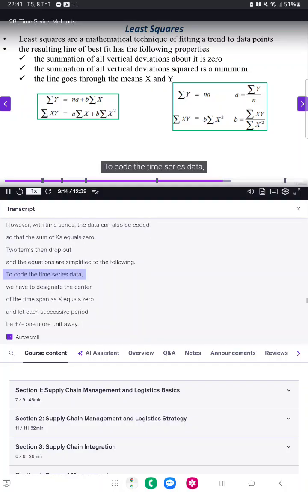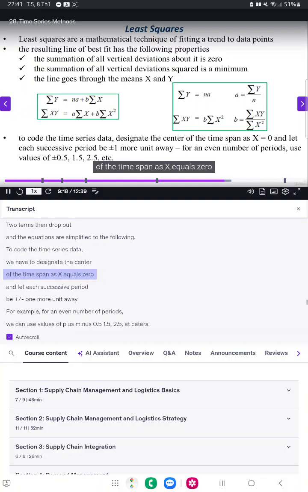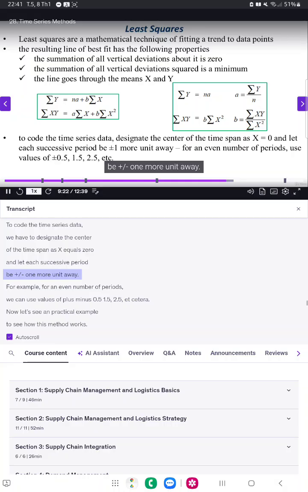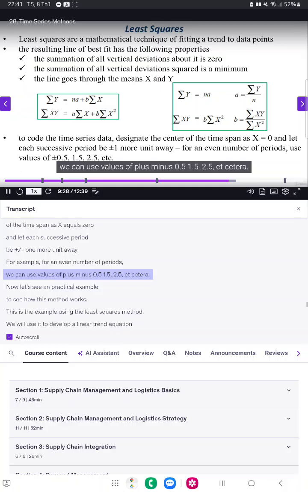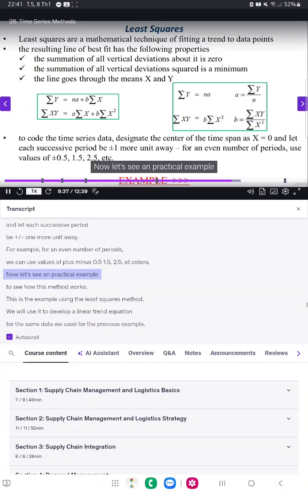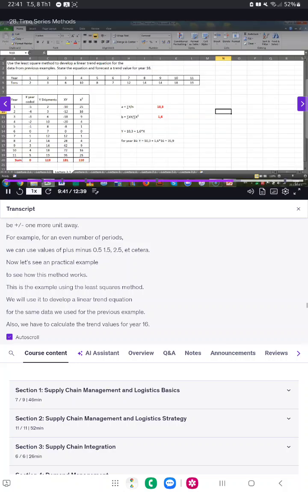To code the time series data, we have to designate the center of the time span as x equals 0 and let each successive period be plus minus one more unit away. For example, for an even number of periods, we can use values of plus minus 0.5, 1.5, 2.5, etc. Now let's see practical examples to see how this method works.